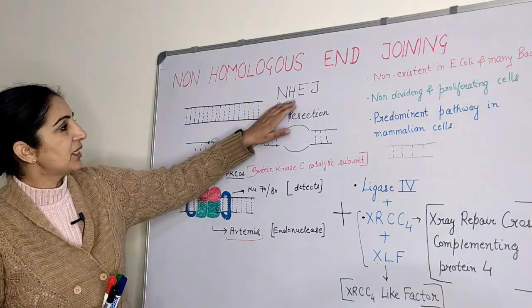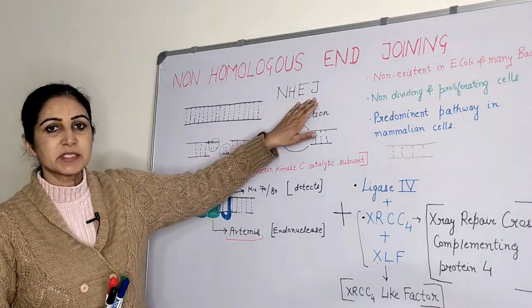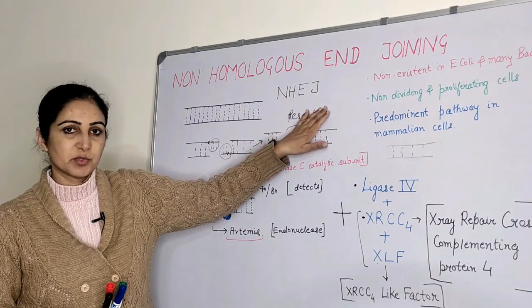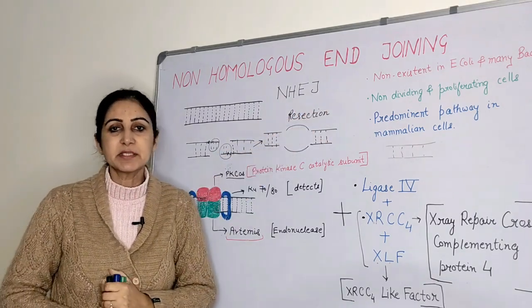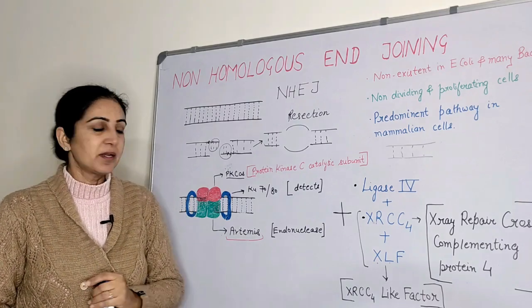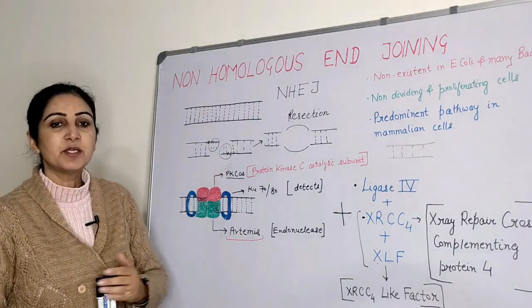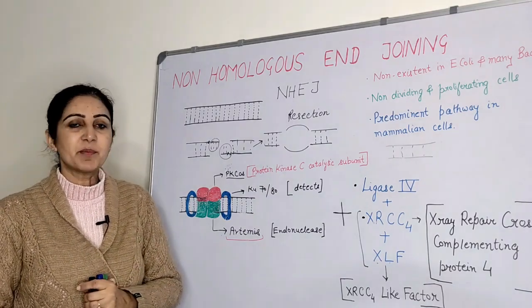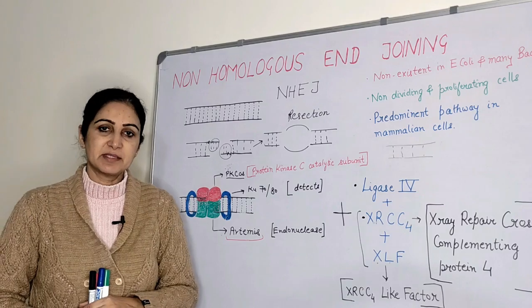But NHEJ does not need any homologous DNA template. It can occur without any template. We can say it's an emergency kind of repair. It is not a very precise repair, and we have a loss of many nucleotides also. Even then, this repair is the prominent pathway in mammalian cells.